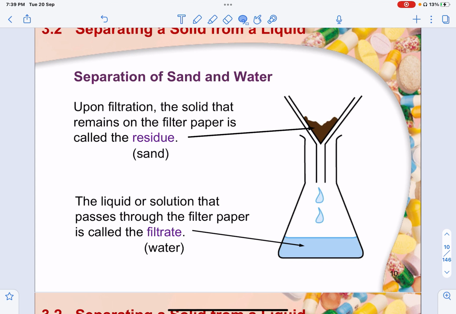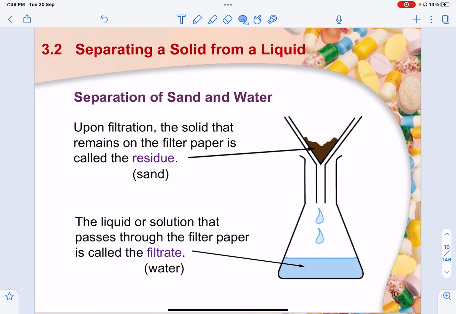The meaning of residue is what is remaining. Anything that is not able to filter down, we call the residue. Whereas the solution is small enough, and hence able to pass through the filter paper. That's why the substance that has undergone filtration, we call the filtrate.